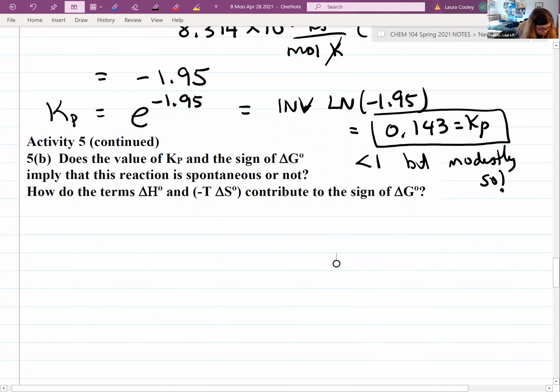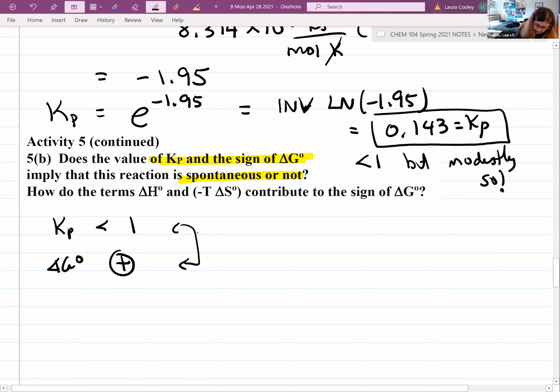So it says, do the value of Kp and the sign of delta G imply that the reaction is spontaneous or not? And how do the different terms contribute? So first of all, we have a Kp that's less than 1, okay? And we have a delta G0 that's positive.